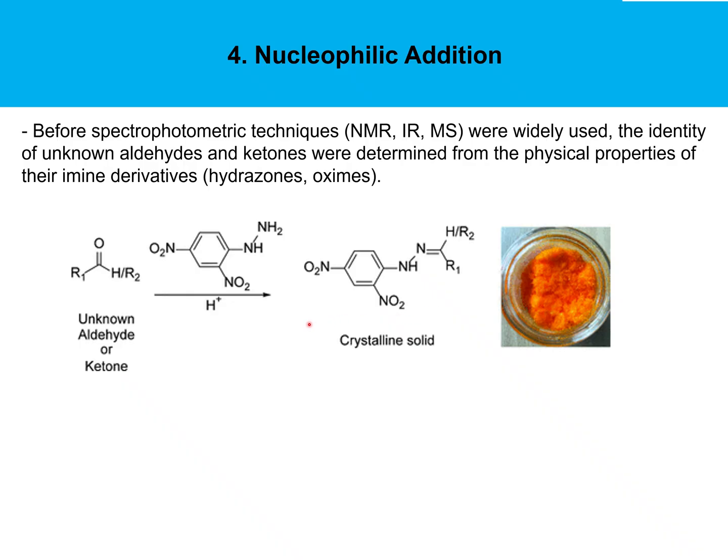Of course, if you have NMR and IR and mass spec available, those methods would make it a lot easier to identify the unknown. But in certain labs, those are not available due to cost, and so this is a simple method to determine or confirm the structure of an unknown aldehyde or ketone.